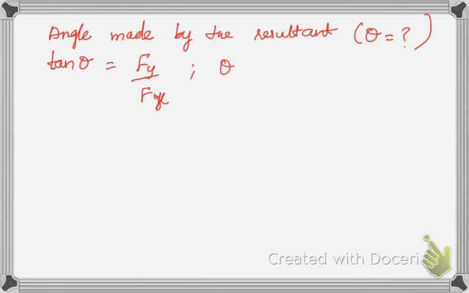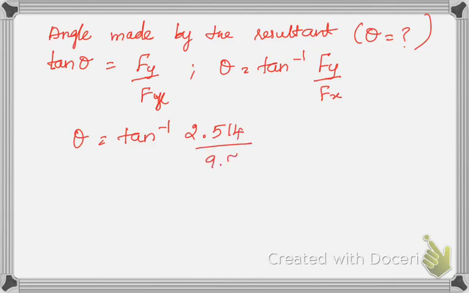So theta is equal to tan inverse of Fy by Fx. So theta is equal to tan inverse of 2.514 divided by 9.716. So theta is equal to 12.50 degree. So this is for our stationary vane.